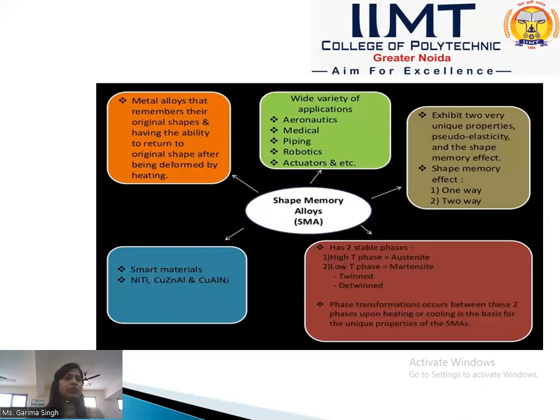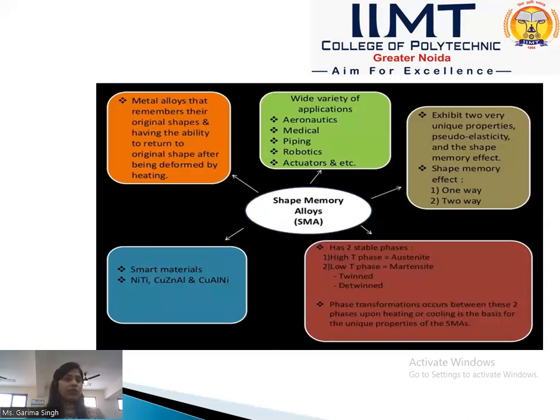The phase transformation occurs between these two phases upon heating and cooling, and is the basis of the unique properties of SMAs. These are the things we have already discussed. They exhibit very unique properties like pseudo elasticity and the shape memory effect. These are the two effects responsible, and the shape memory effect is also of two kinds, one-way or two-way, as we discussed earlier.